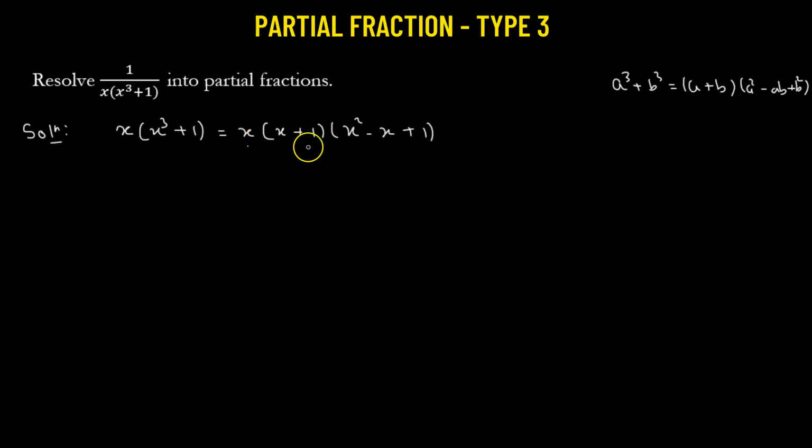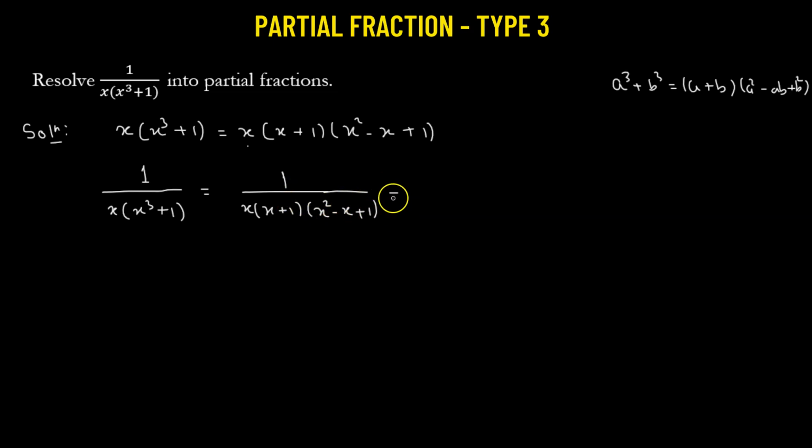Now here, x and x plus 1 are linear factors, but x squared minus x plus 1 is a quadratic factor. The original rational fraction, 1 over x times x cubed plus 1, can also be rewritten as 1 over x times x plus 1 multiplied by x squared minus x plus 1. Now we can split it into three partial fractions because we have three factors.